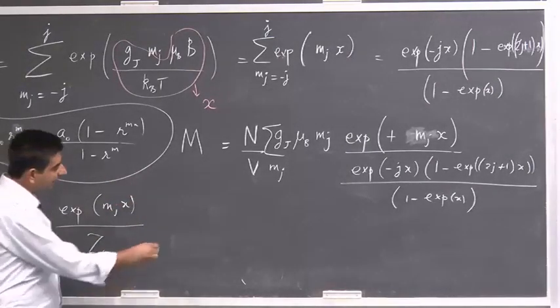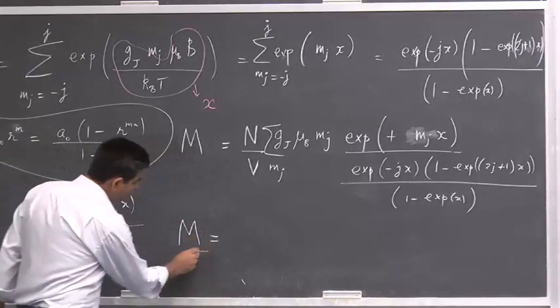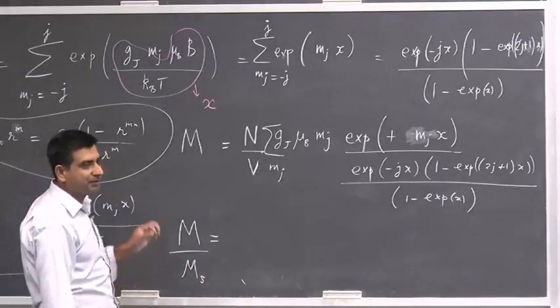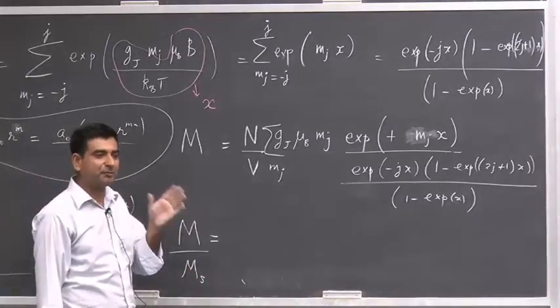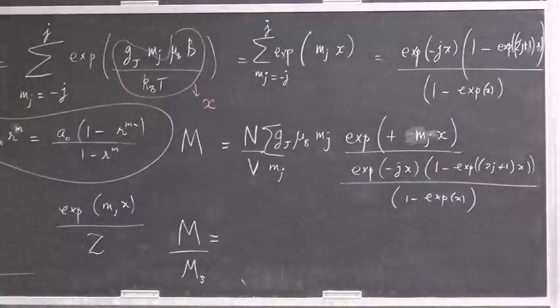So the final result that you get is a magnetization whose ratio with the saturation magnetization, which once again is when all the n spins are pointing in the same direction, is given by a function called the Brillouin function.